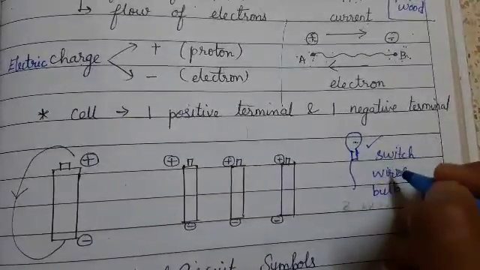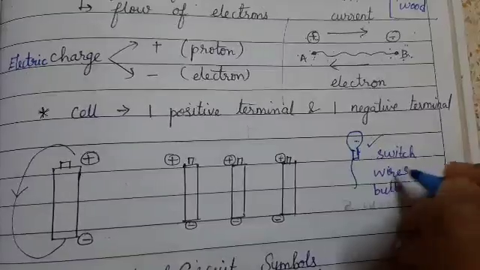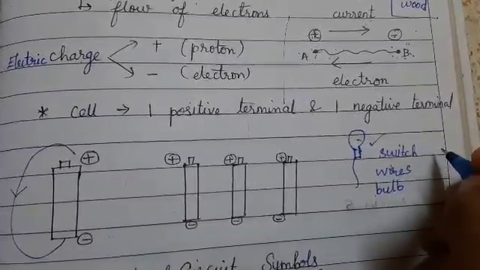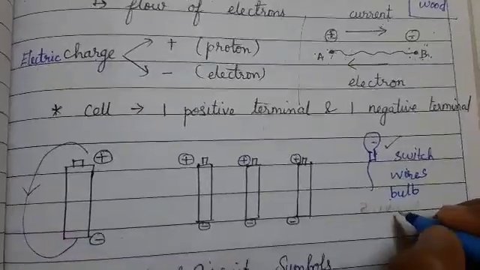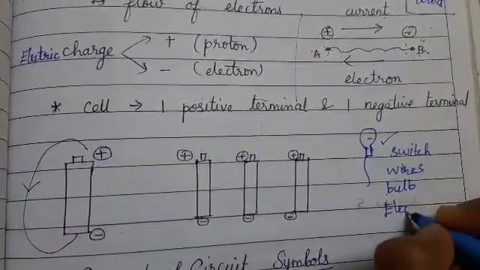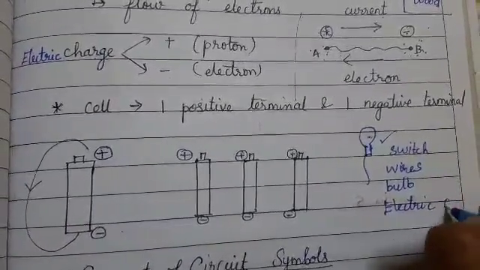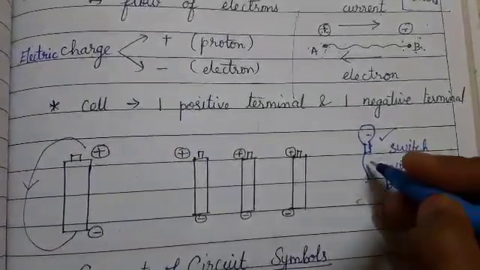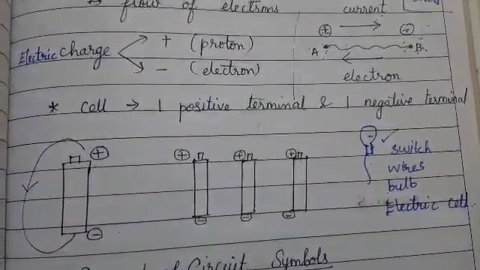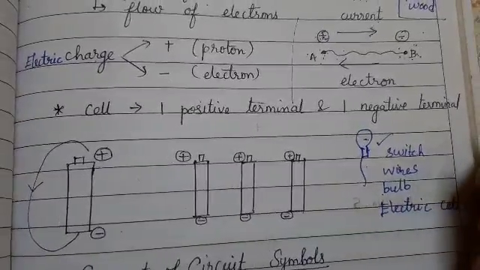Just by giving connections to the switchboard with the wire alone, the bulb will not glow. You need a very important component, that is your electric cell. You could have seen this in your toys and all. Only when you put the electric cell, it starts to play. You have seen a torch.